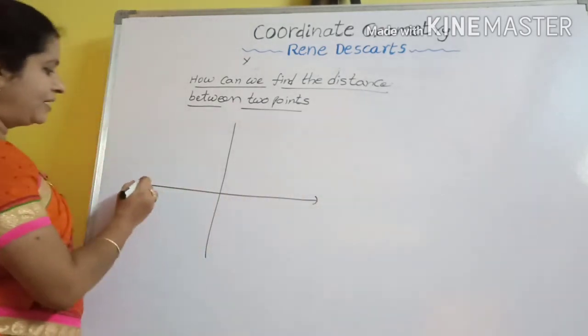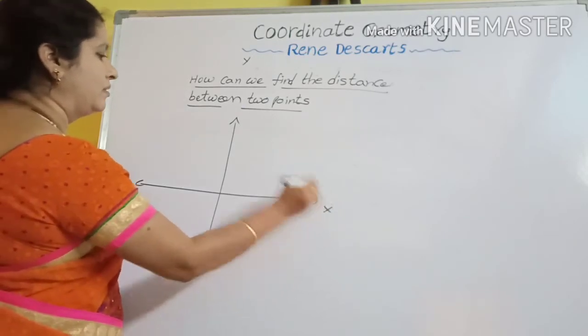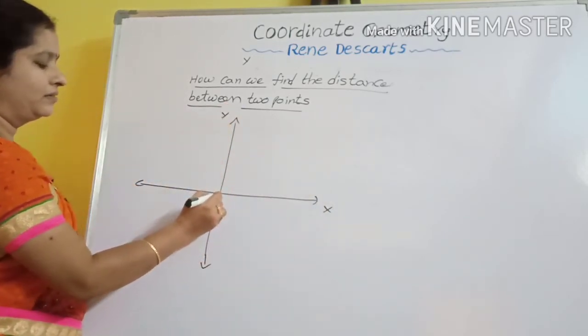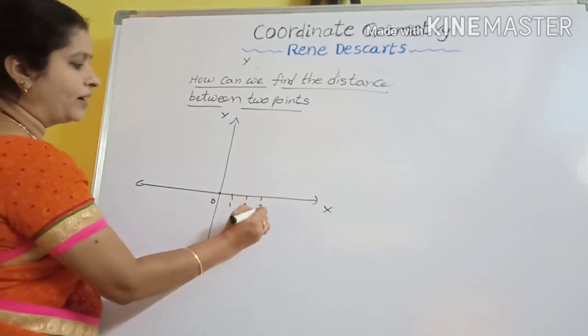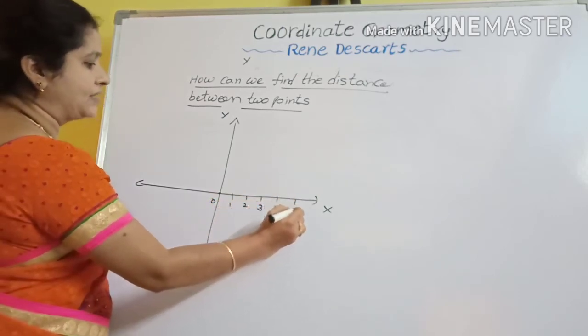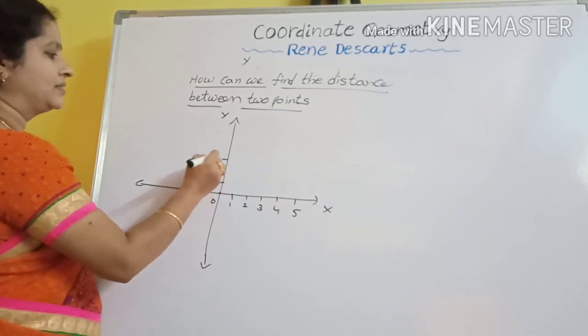It is a coordinate plane. Suppose we are taking 2 points on the axis. First case, we are taking 2 points on the axis.